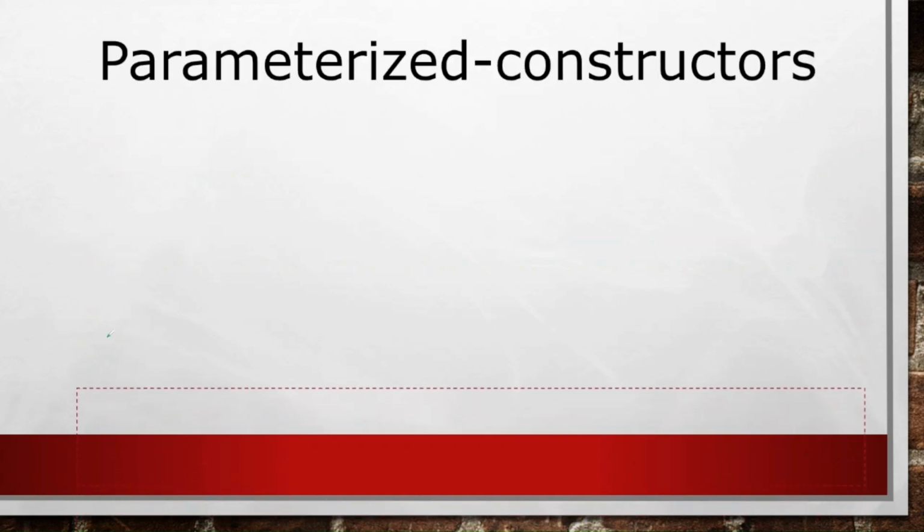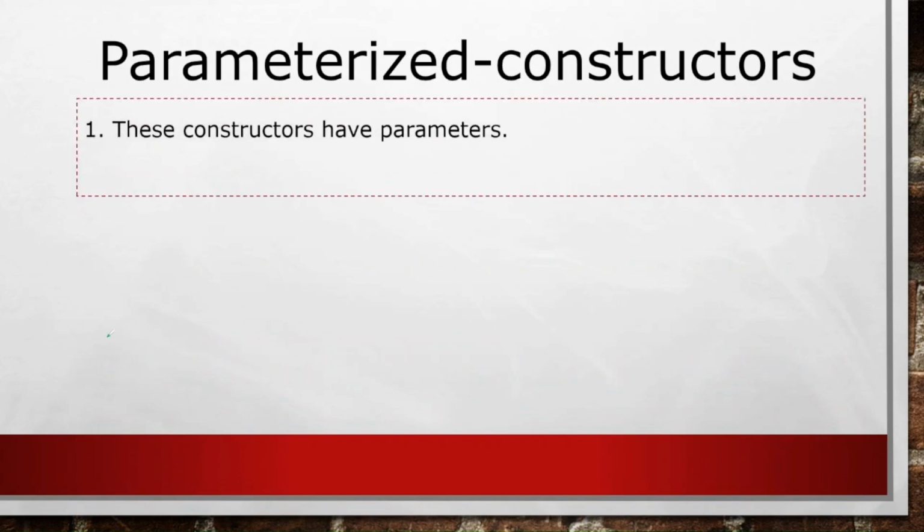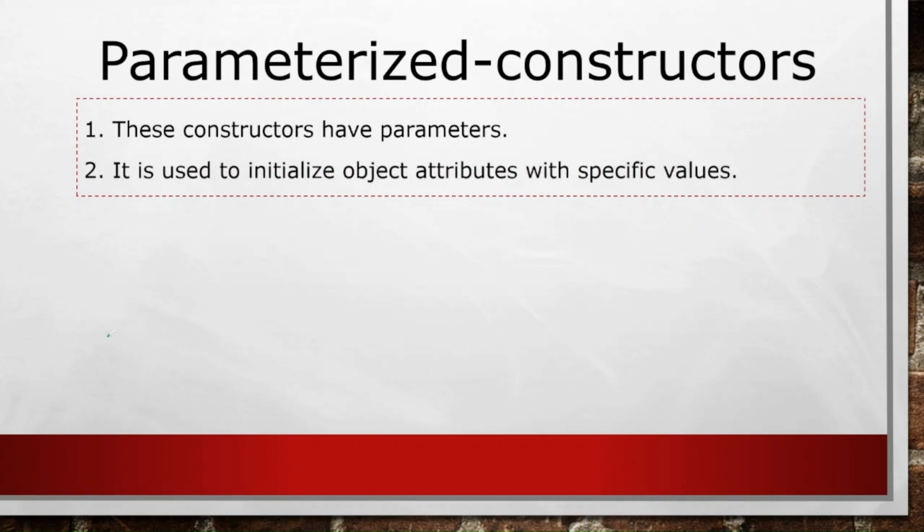Next one is the parameterized constructor. Unlike default constructors, parameterized constructors have parameters. At least one parameter should be there. It is used to initialize the object attributes with specific values, not with default values. We can send specific arguments to initialize the object attributes.